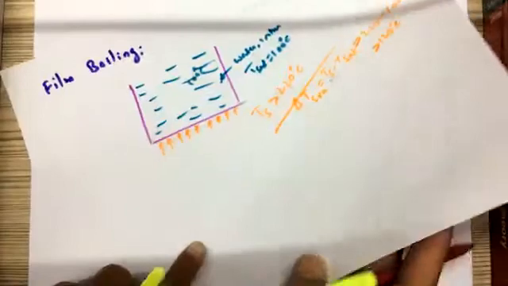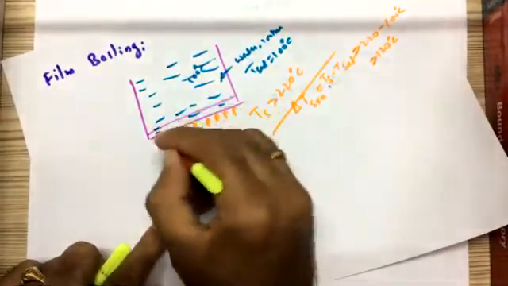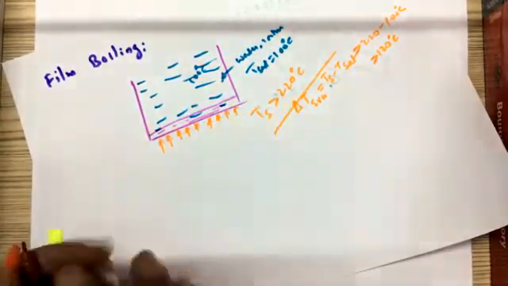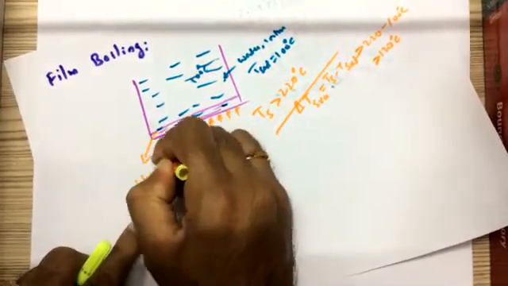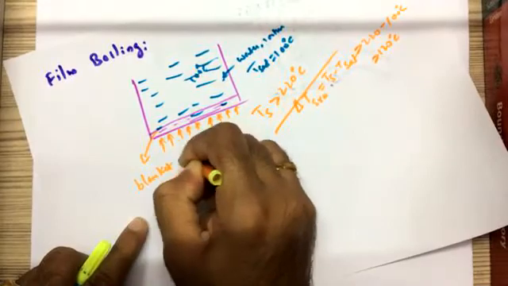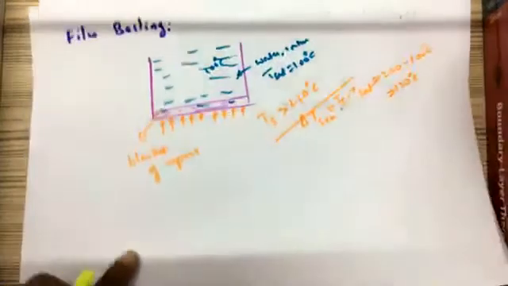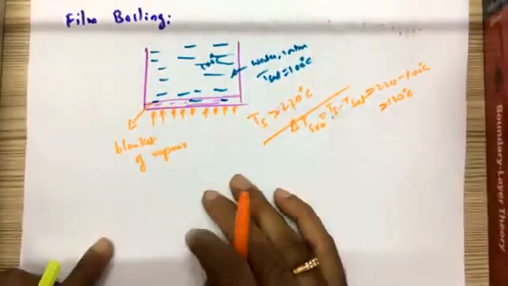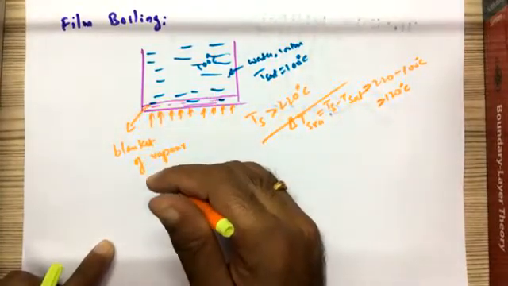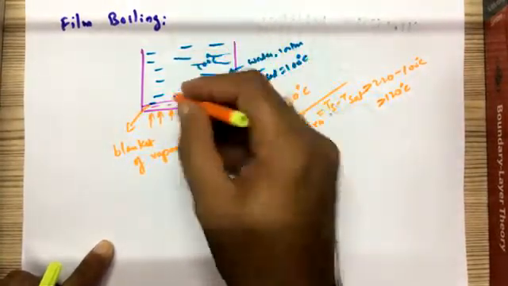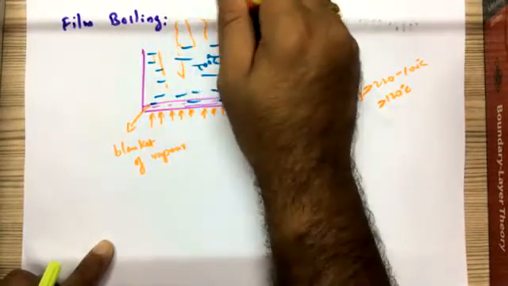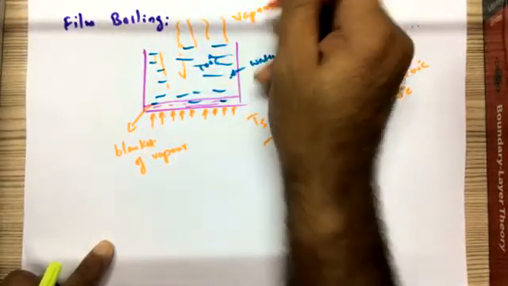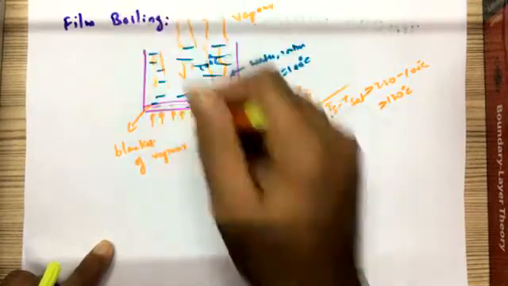will form a thick blanket of vapor. And this kind of boiling is called, again, see, the bubbles will reach the top and they will be vaporized.